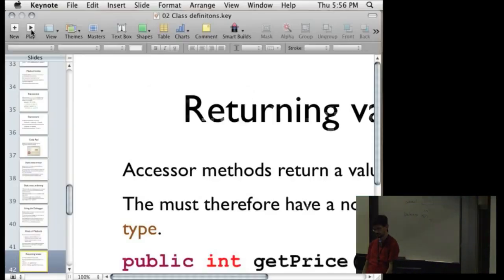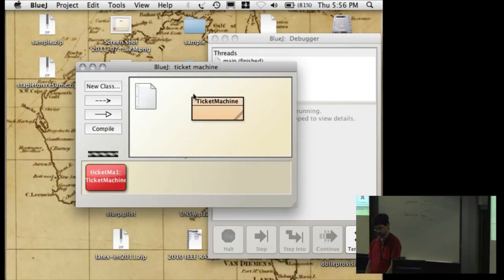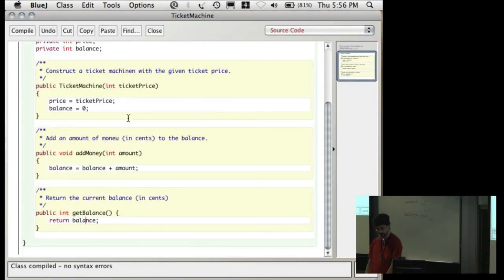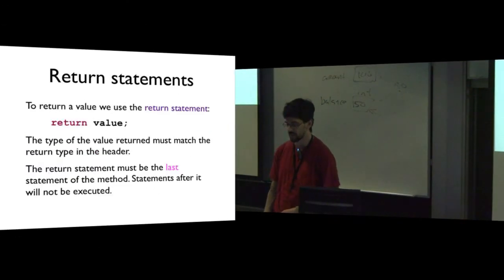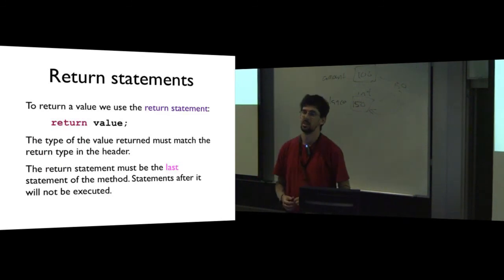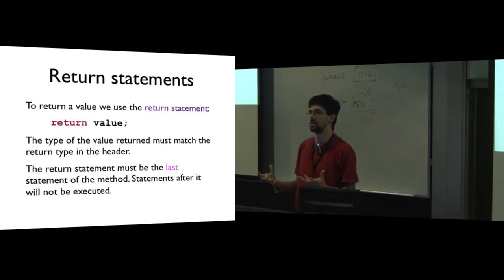If we look back at our code, addMoney is a mutator, so it has void, no return type. getBalance returns an int. The last thing we'll deal with: to return a value, you need a return statement. A return statement just starts with the word return, and then a value after it.